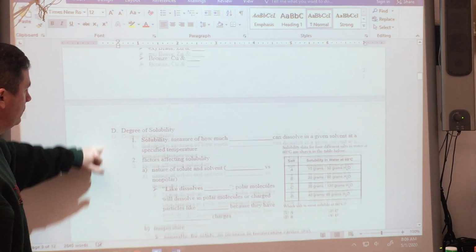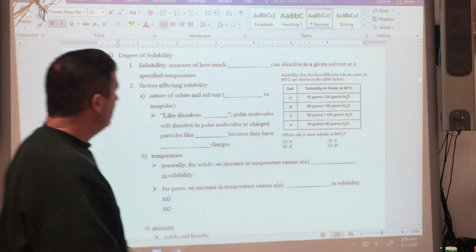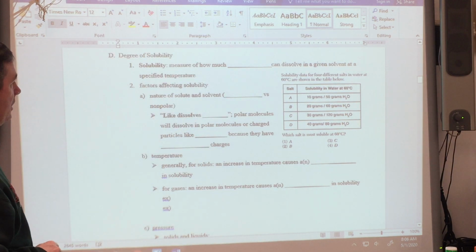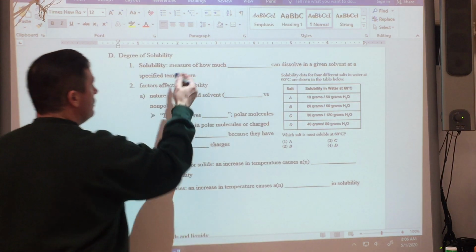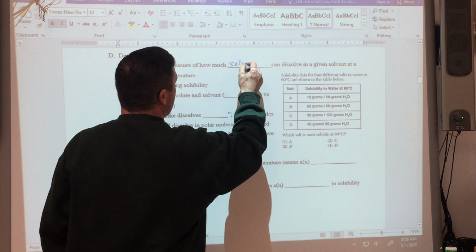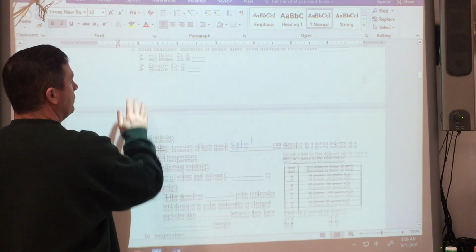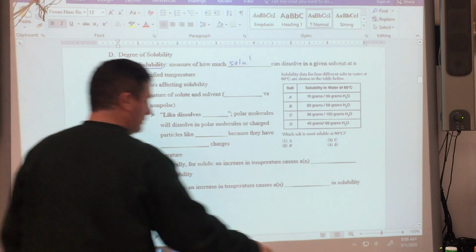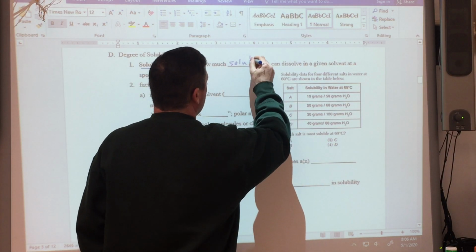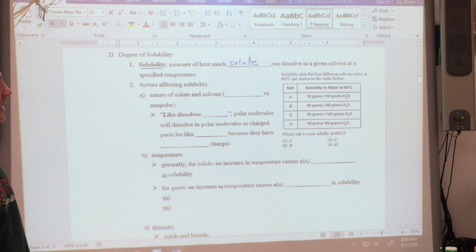All right? So today, I'm just going to learn about a couple things that affect how soluble something can be. So the solubility is a measure of how much solute, remember the solute is the thing getting dissolved, can get dissolved in a given solvent, and that is temperature specific.